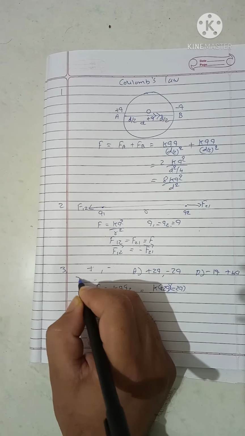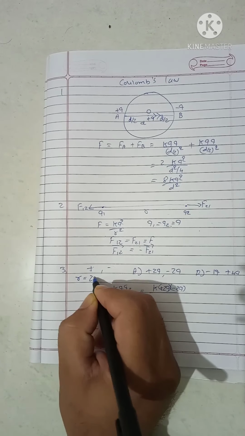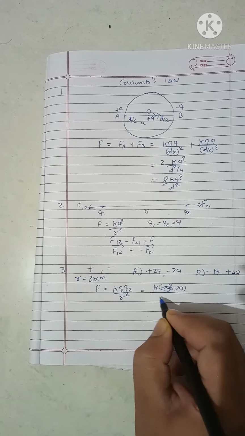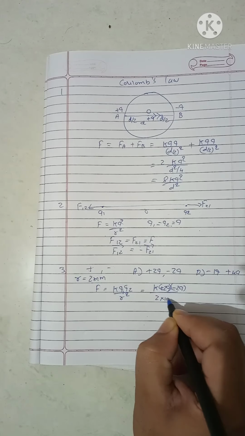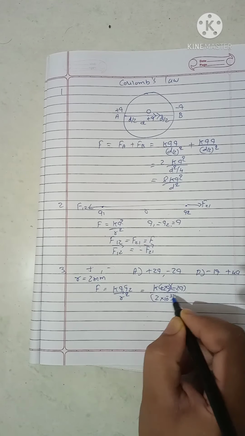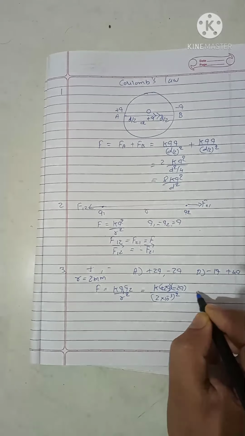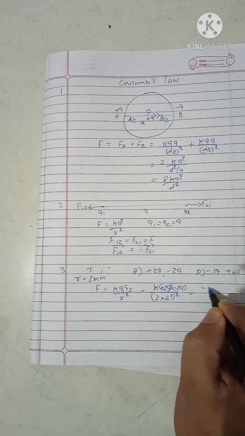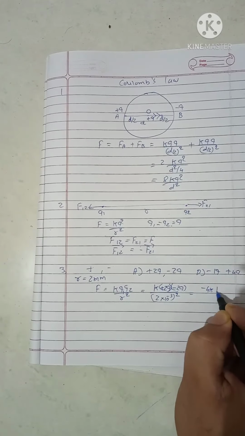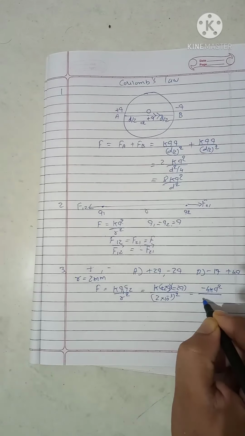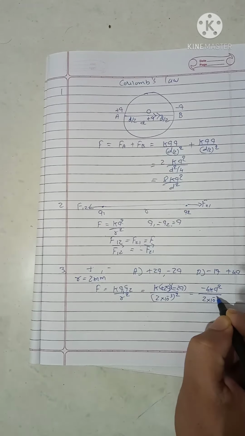What was the r value? r equal to 2 mm, so we write (2 into 10 raised to minus 3) whole square. This gives us minus 4 k q square upon (2 into 10 raised to minus 3) whole square.